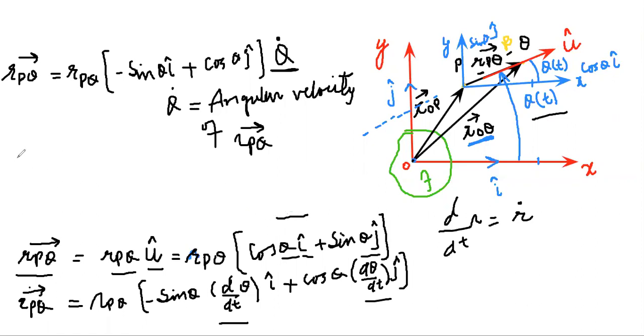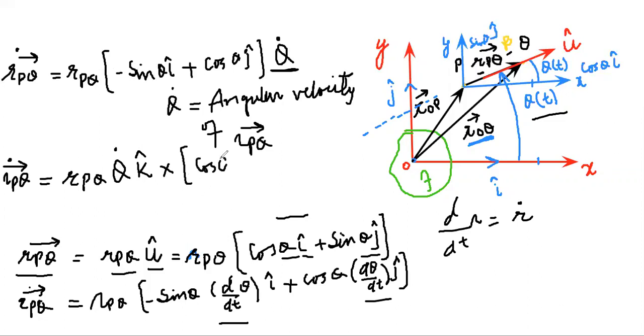Rpq dot can further be written as, very important, rpq theta dot, and we put k cap with it, a unit vector drawn along the z axis, cross with cos theta I cap plus sine theta j cap.